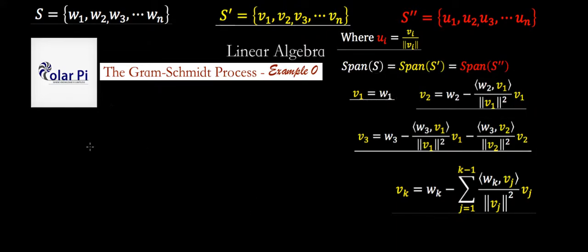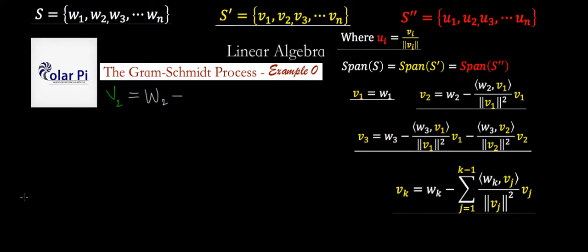To do that, let's break down the formula for V2. The formula for V2 says that V2 is equal to W2, and then minus, and let's pause here for a sec.